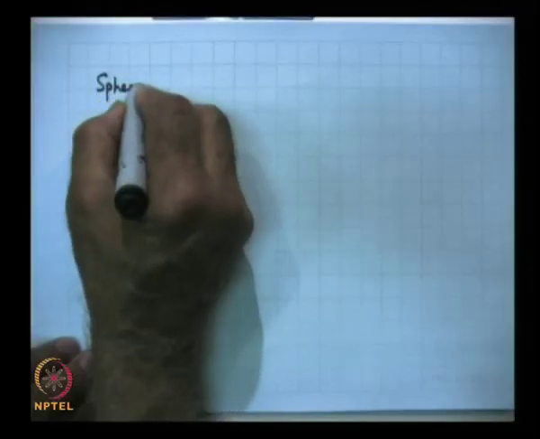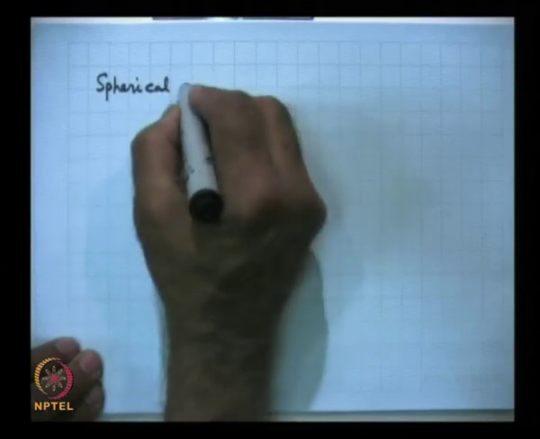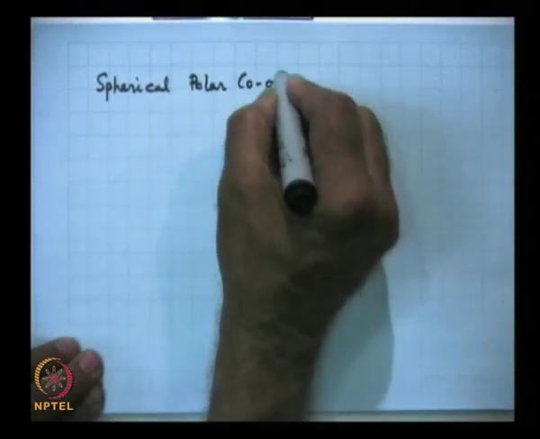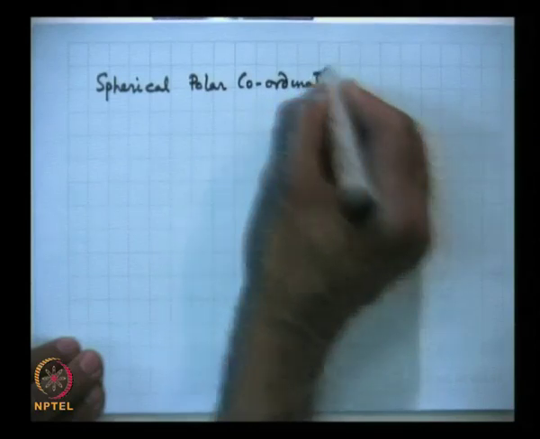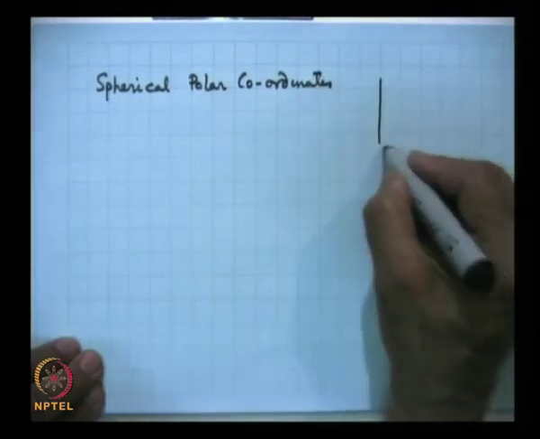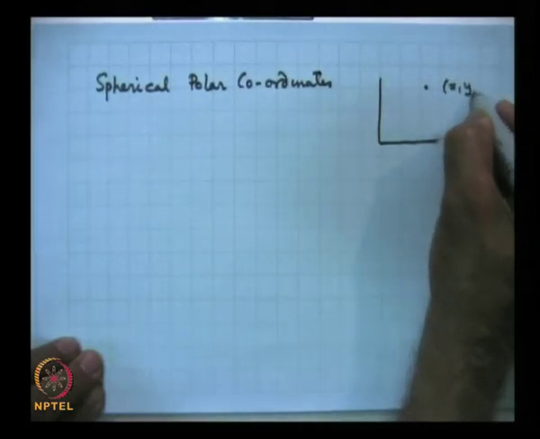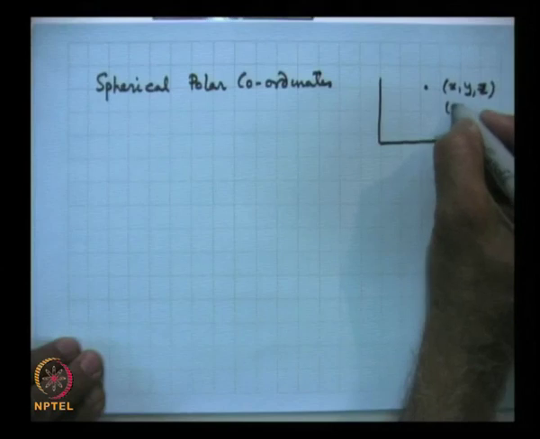However, to discuss further properties of the angular momentum operators, it is necessary to introduce spherical polar coordinates. I am sure all of you are familiar with them. In this system, a point P is represented as x, y, z and also as r, theta, phi.